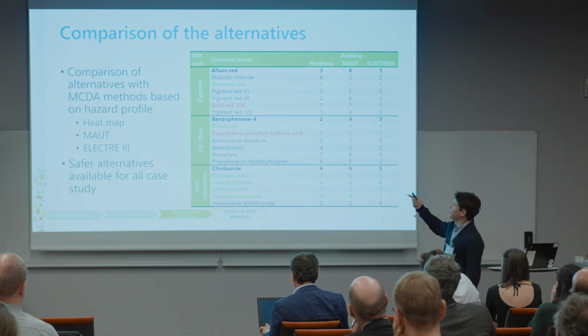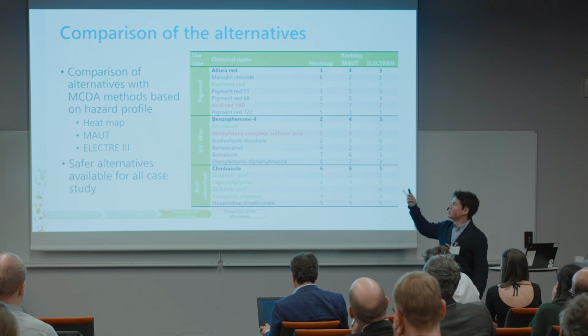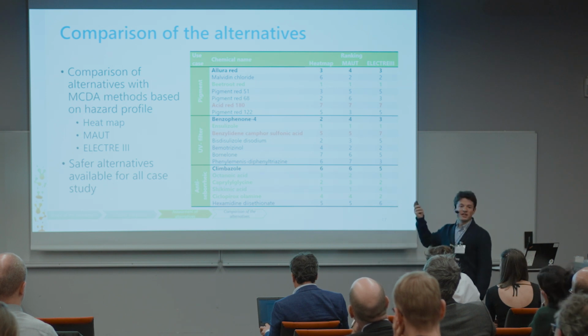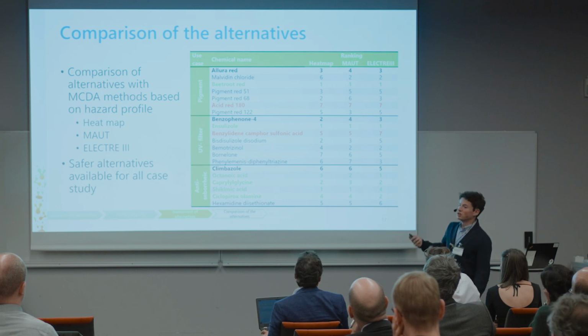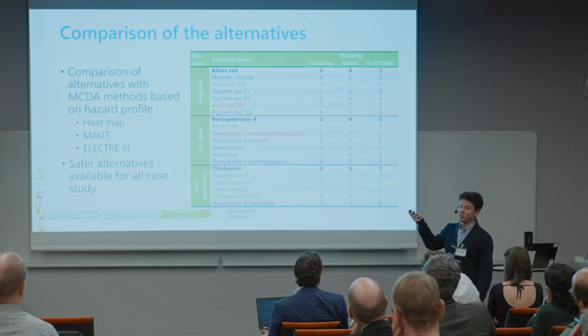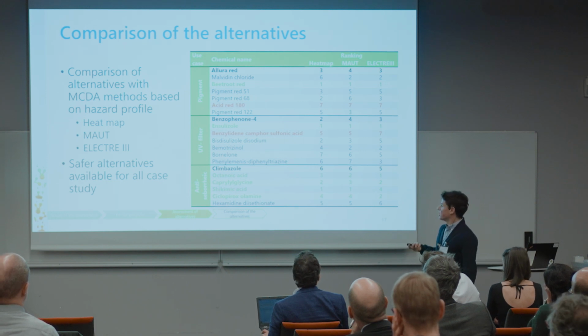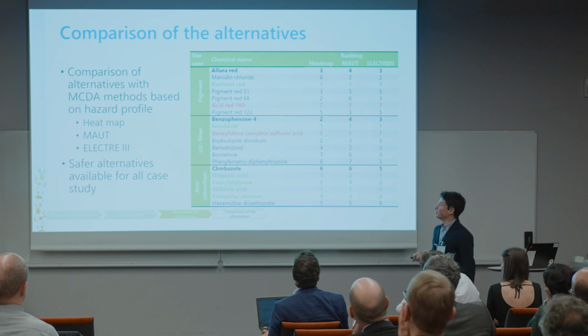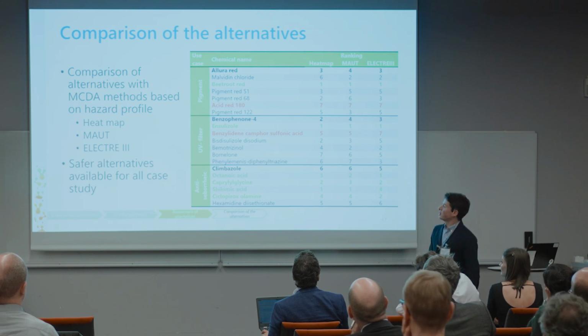And you can also see, with the ones highlighted in red, that there are also candidates that are worse, or that we expect to be worse than the chemical of concern. So there is a risk of regrettable substitution happening here as well. But we did find a safer alternative for each of our case studies.